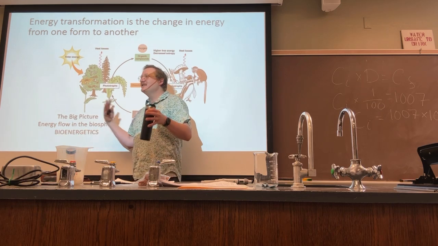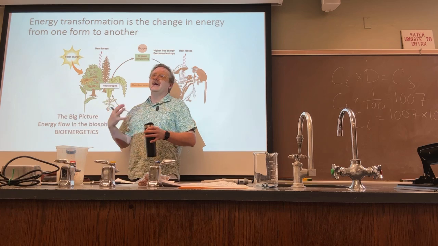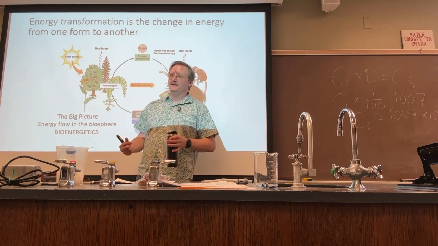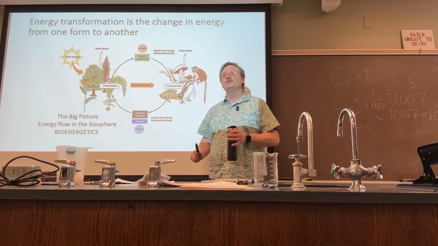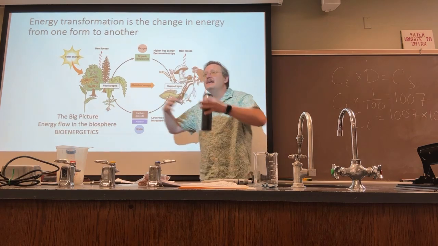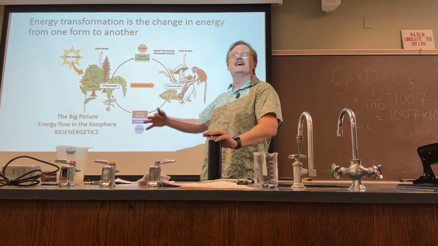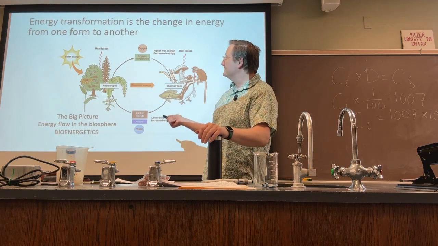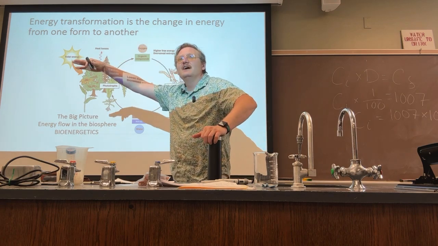I talked about autotrophs and heterotrophs. Autotrophs make their own food. Heterotrophs have to eat something else to get their food. But phototroph and chemotroph is way more accurate, and it opens things up for all the different varieties of lifestyles that exist out there. There are organisms that are autotrophs that don't photosynthesize.